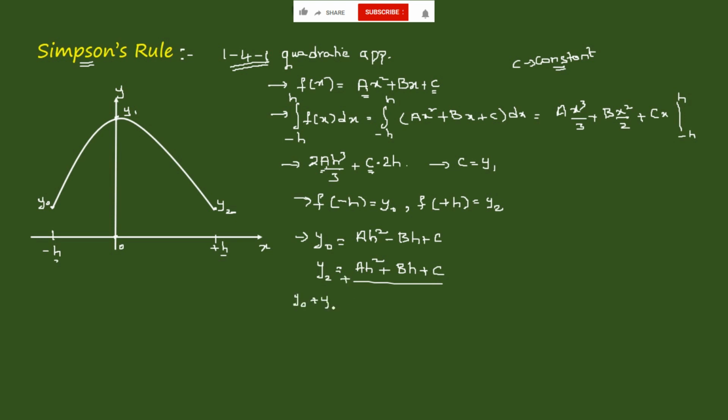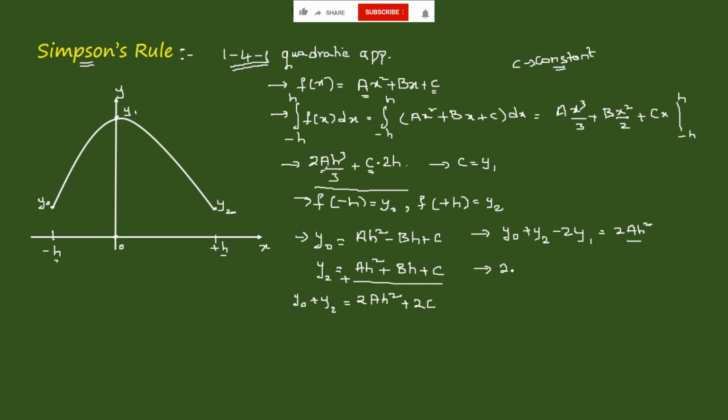Just adding both of them, we get y0 plus y2 is equal to 2 a h square plus 2c. We know the value of c is y1, so we get y0 plus y2 minus 2 times y1 is equal to 2ah square.